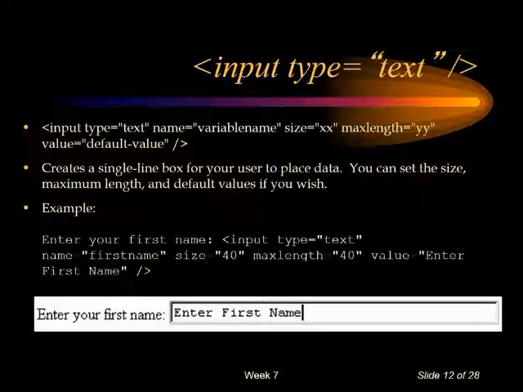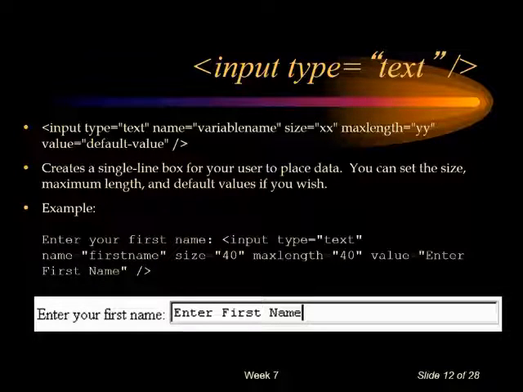So in the example below, the label is going to say enter your first name, and then the text box is going to be input type equals text, name equals first name, size equals 40, max length equals 40, value equals enter first name.